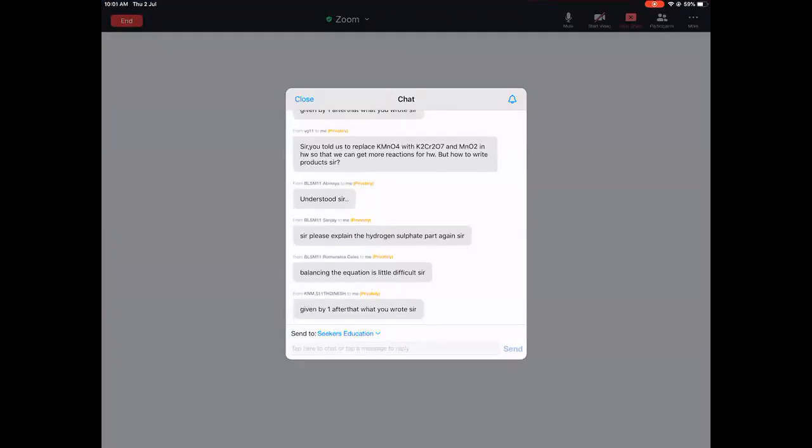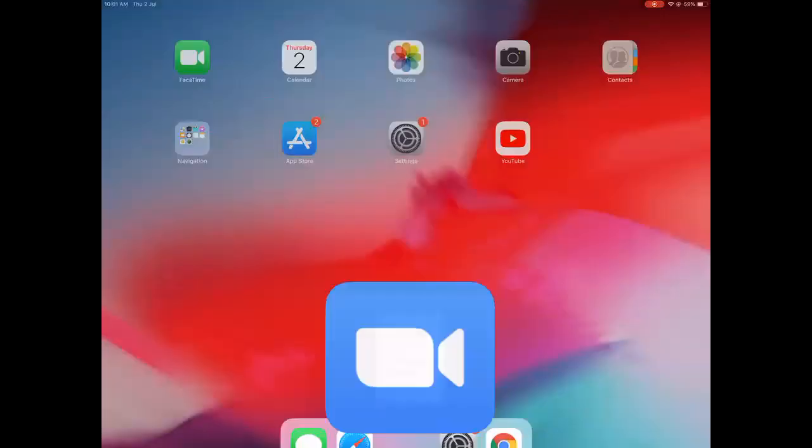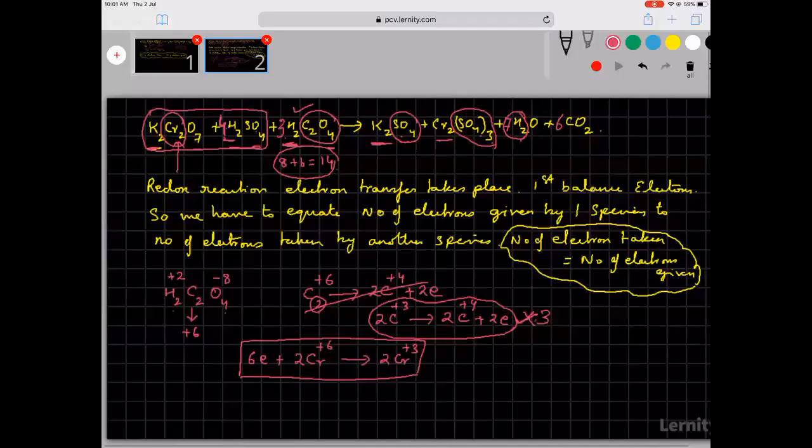The number of electrons given by one species is equal to the number of electrons taken by another species. So if one species is giving some electrons, another species can take only that many.